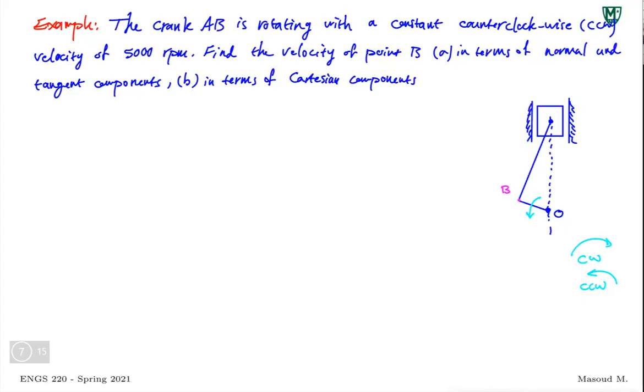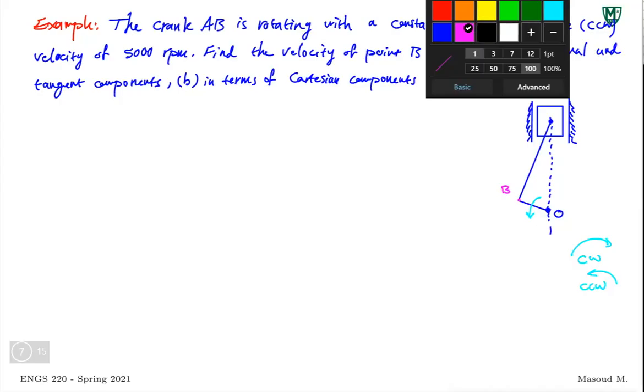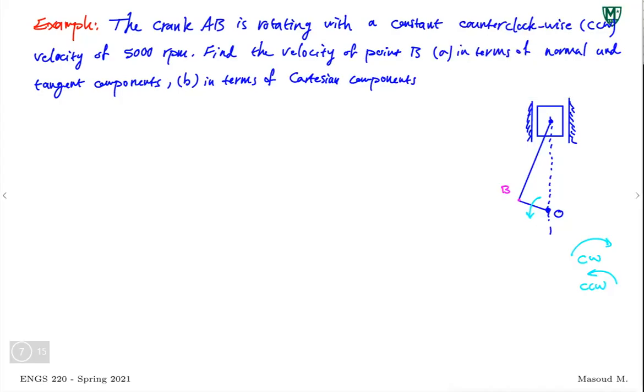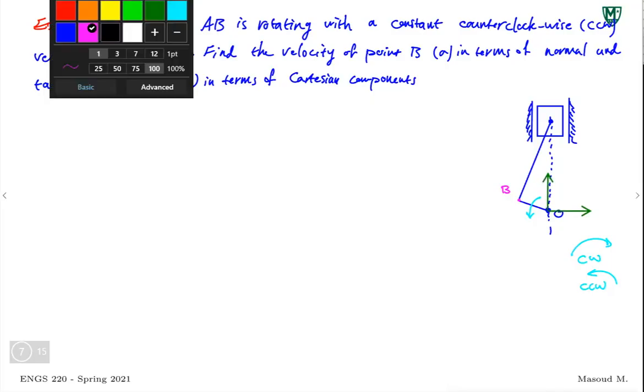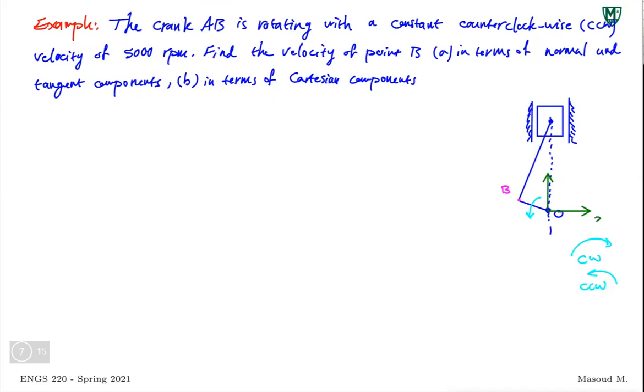When it comes to the right side, the piston starts going up. So the piston goes up and down. OB rotates around O in the counterclockwise direction. And here is your XY coordinate. This is X, this is Y.